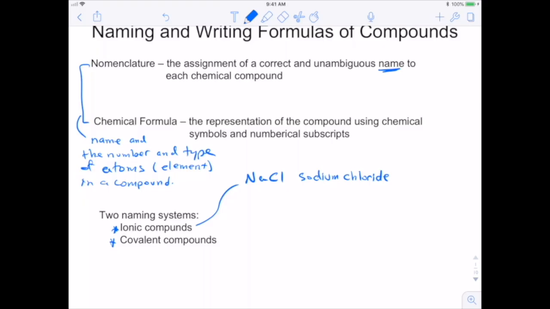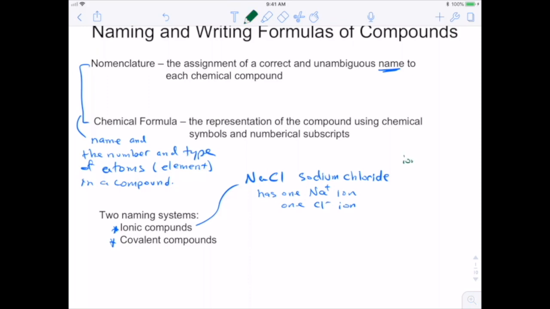Now, the way this is describing the compound, it has one sodium ion, Na+, and it has one chloride ion. And these form what we call an ion pair. So each ion pair has one sodium and one chloride ion.